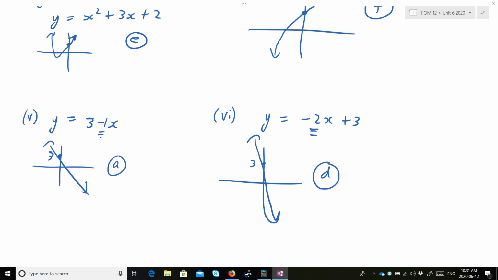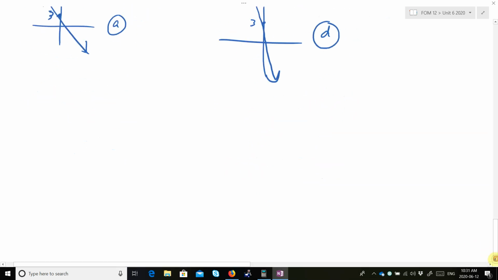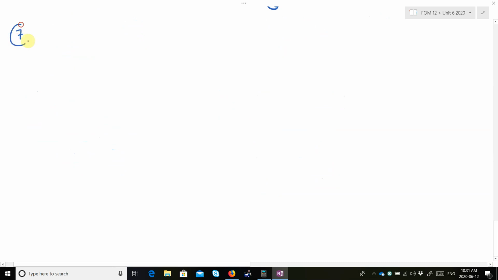Perfect. Okay, let's check out number 7. Determine the following characteristics of each function: number of possible x-intercepts, y-intercept, end behavior, domain, range, and number of possible turning points. Okay, let's see.